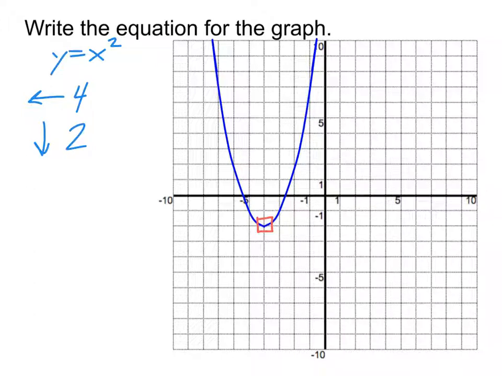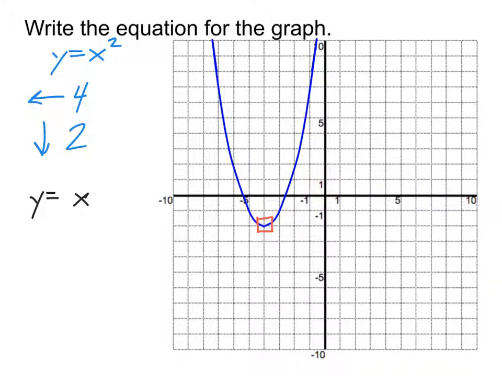In fact, I could just tell you this part over here, and you could write the equation just from that, right? So I'm going to write an equation for y equals x squared that's been moved over. Now, when I move it over, that means I need to be able to put that 4 inside with the x.